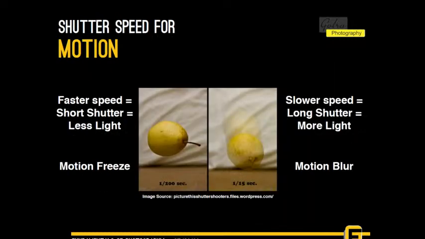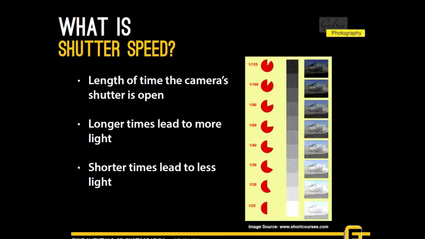Now, why do we use shutter speed? Last class, if you remember, I told you that in the next class I will tell you why we use shutter speed. Shutter speed gives you a perfect picture, depending on your settings.